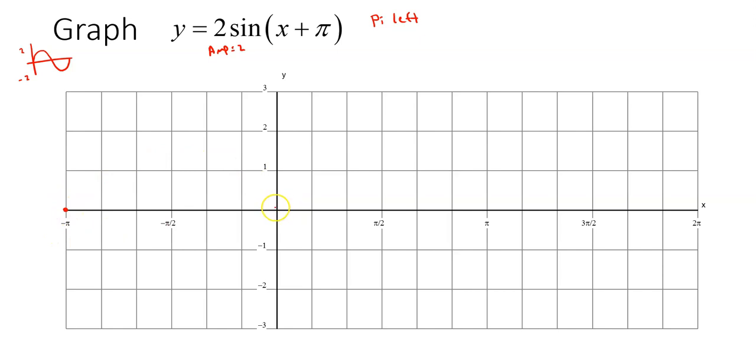It's going to go up, down, and back up again. Which way? Well, it's going to start over here, except instead of going up to just 1, it's going to go up to 2. So halfway in between, it's going to go up to 2. Halfway in between here, it's going to go down to -2. Halfway in between here, it's going to go up to 2, and so forth.